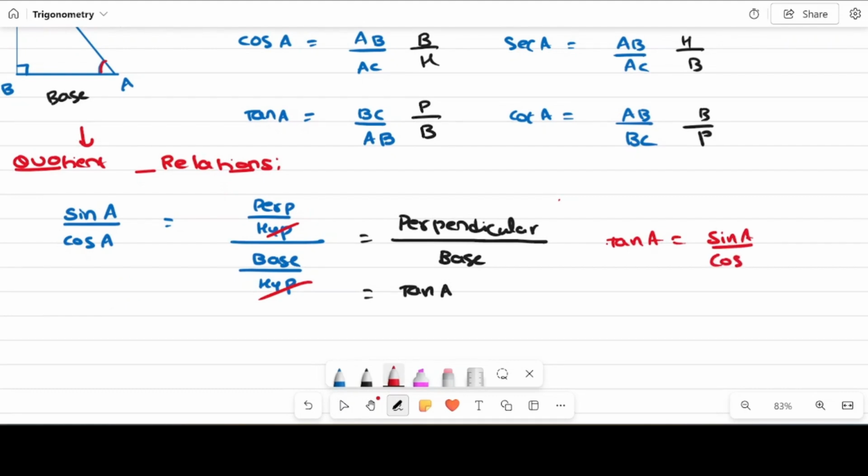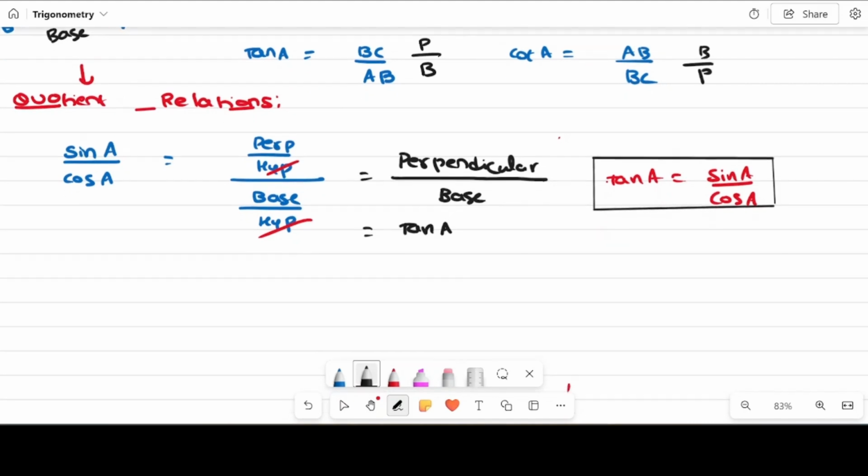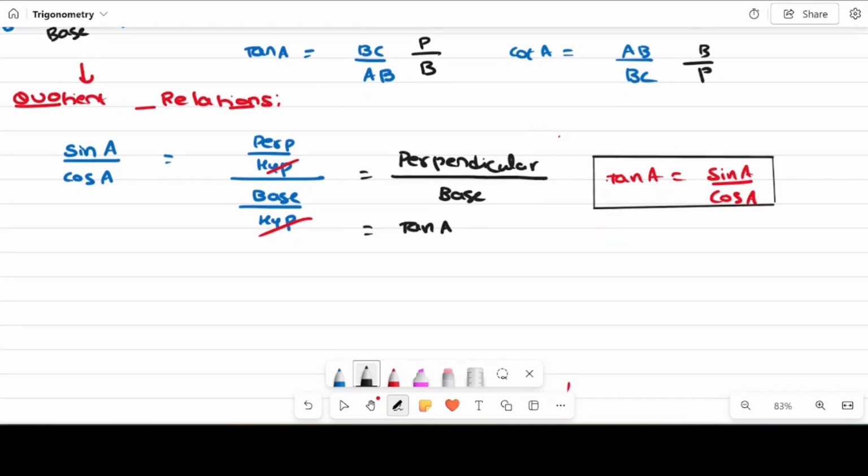This is our first quotient relation. So when we divide sine and cos, we get another trigonometric ratio, that is tan A. So tan is the quotient when you divide sine and cos. Then similarly, let us consider cos A by sin A. We know cos is the ratio of base to hypotenuse, base by hypotenuse, divided by perpendicular by hypotenuse, which is sine.